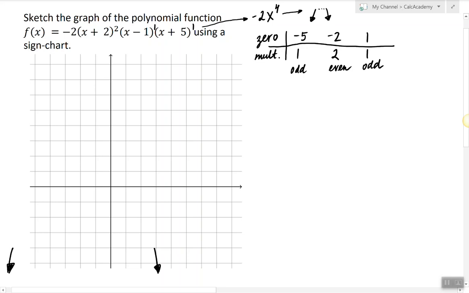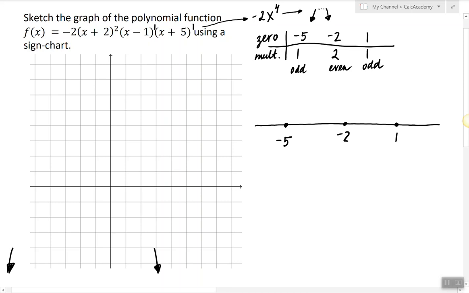Next, what we do is we construct the sign chart. So to construct the sign chart, we take the zeros of the function and we mark them on the number line.